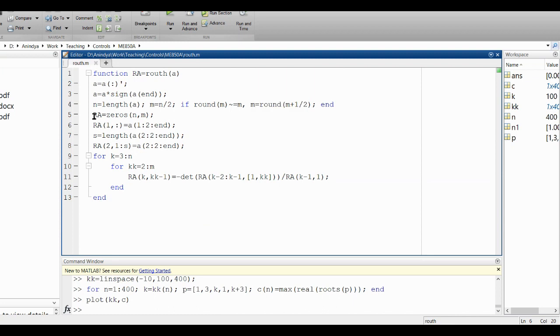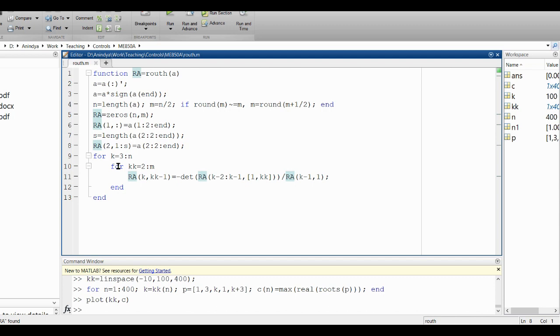You start with an initialized 0 Routh array. Then in the first row you put the elements of A starting from 1 but skipping 1, right? Every second, first, third, fifth and so on. And then S is the length of that, and then you go, that length you put in the second row, right?